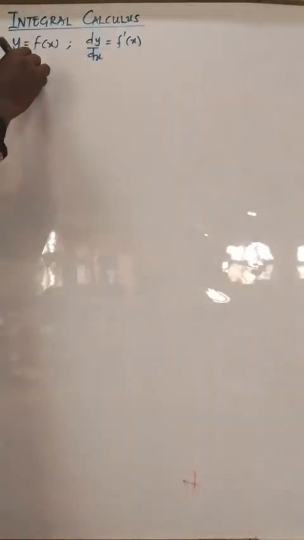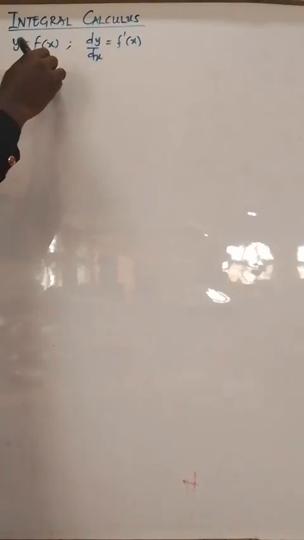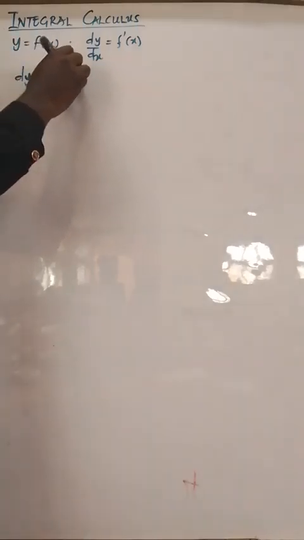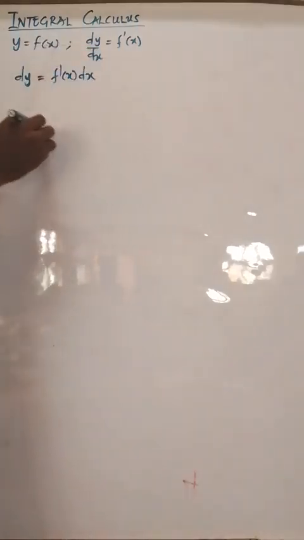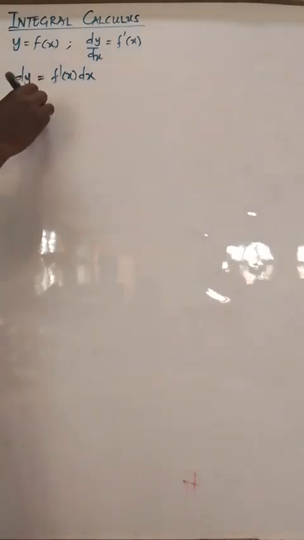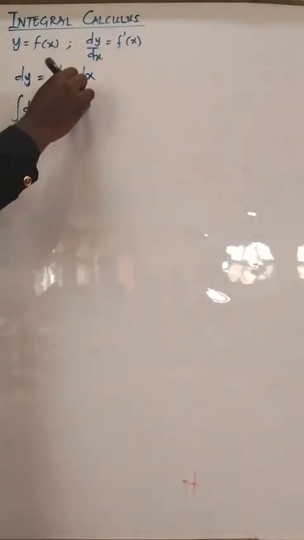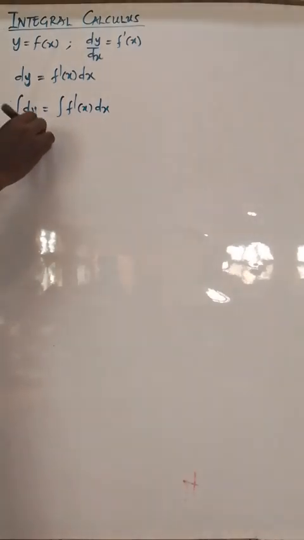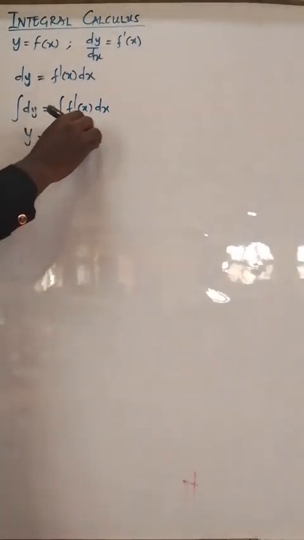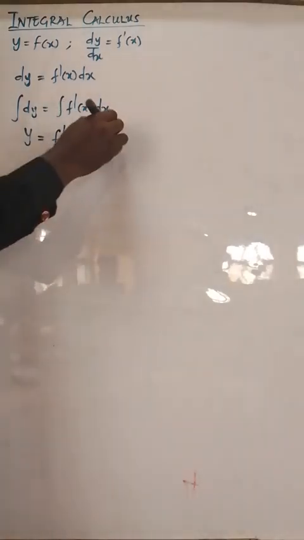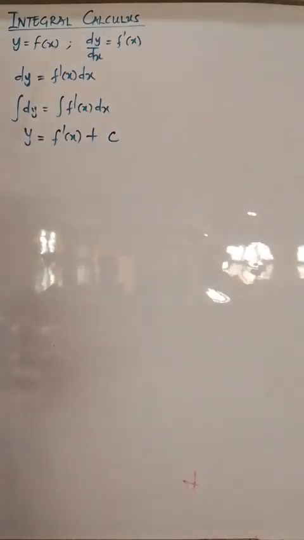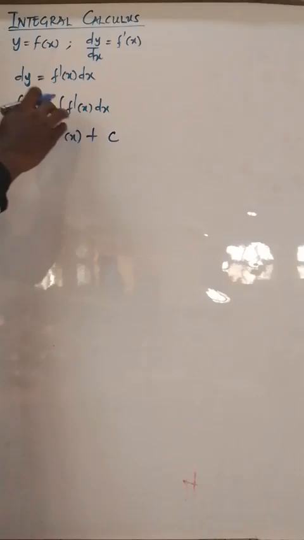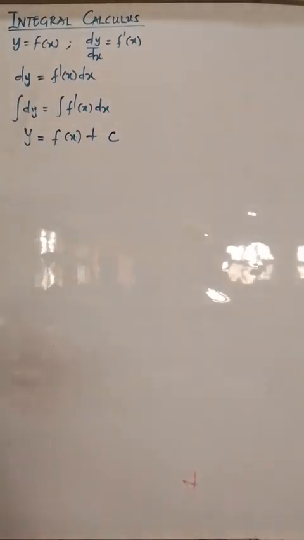And if we do the reverse, from here we can say dy equals f prime of x dx. So if you integrate dy, which is also the integral of the other side, this equals y, and that becomes our f of x. But anytime we integrate, we add c to it. Sorry, we have our function plus c.